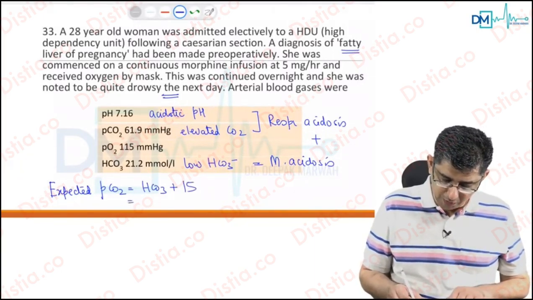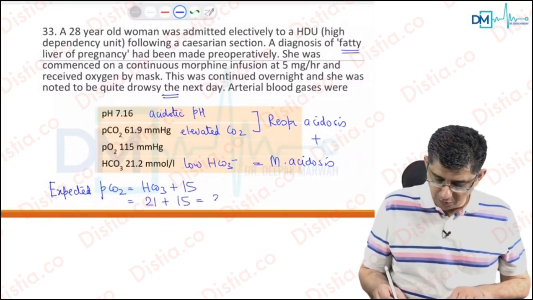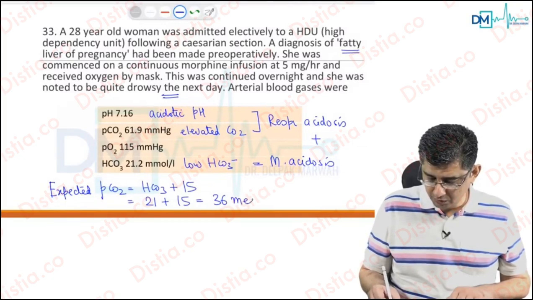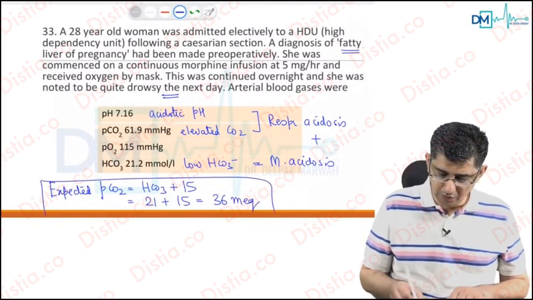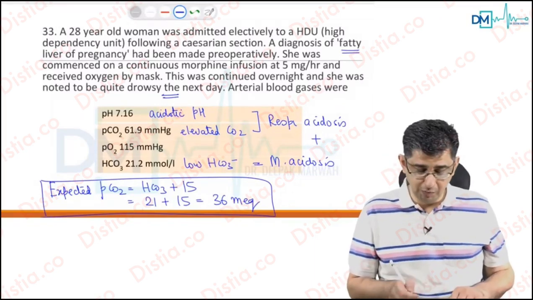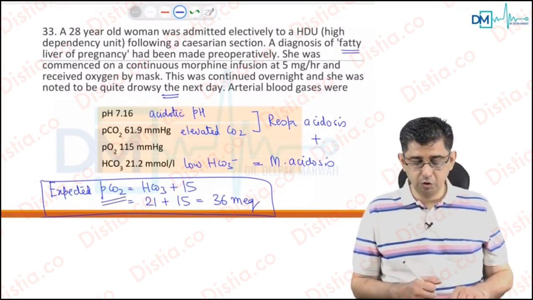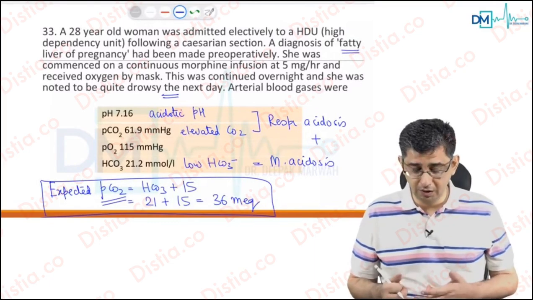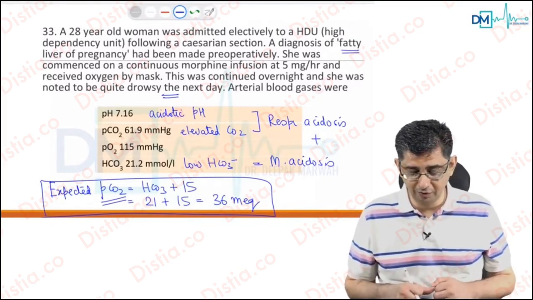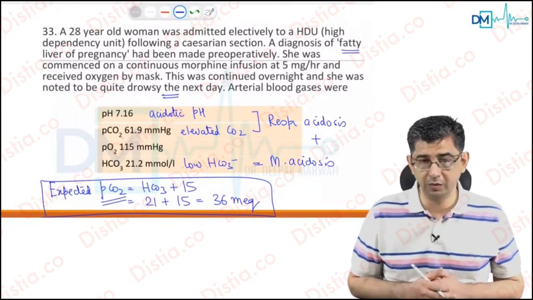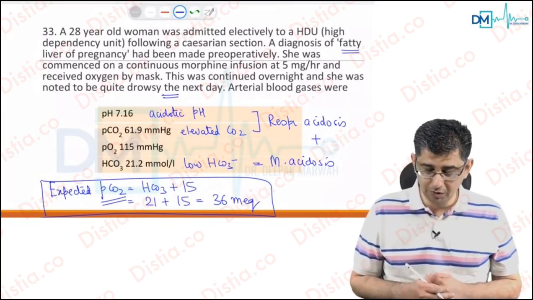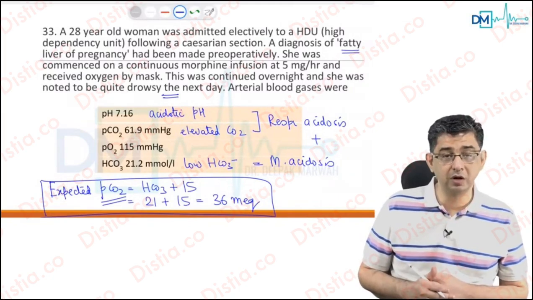If I put in the value of bicarbonate for this patient, mathematically speaking, in round figures it should be 36, but you can see that the mathematical rule is not getting satisfied. The expected PCO2 of the patient should be 36, but in this patient this mathematical rule is definitely not satisfied, so we will say that the compensation process is not occurring in this patient. This is an example of a mixed disorder.